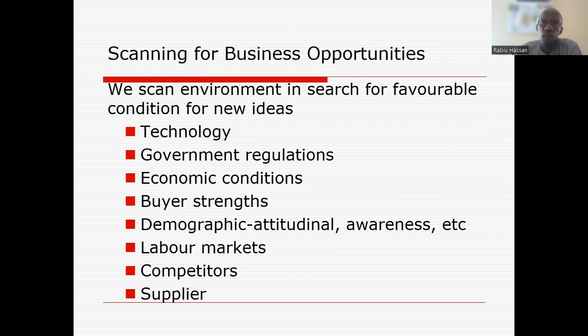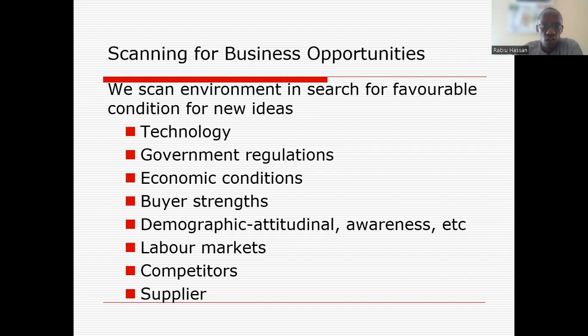Like for example, if there is a policy from the CBN to commercial banks to reduce the interest rate for loans, a lot of people can find it very affordable to borrow money and start their own business. So it's an opportunity.